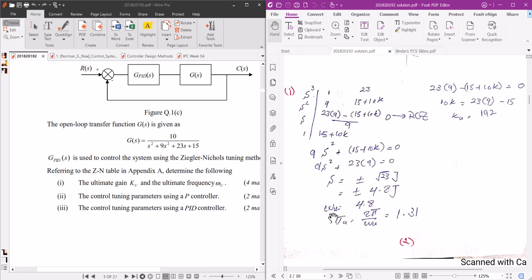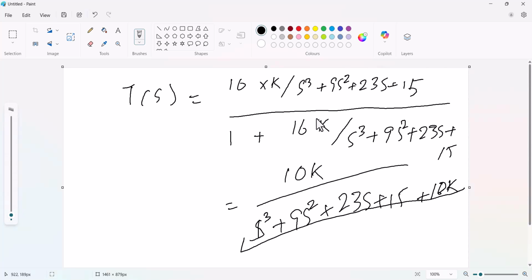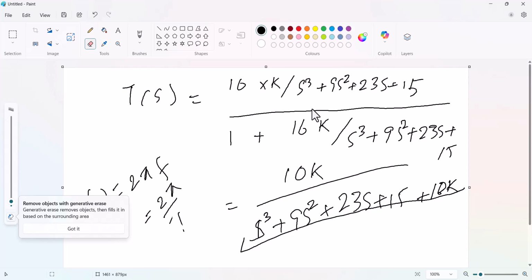Omega is 2 pi f, or 2 pi over capital T. You know that omega is equal to 2 pi f, and f is equal to 1 over capital T. This is the time period, the ultimate time period you want to calculate, Tu.